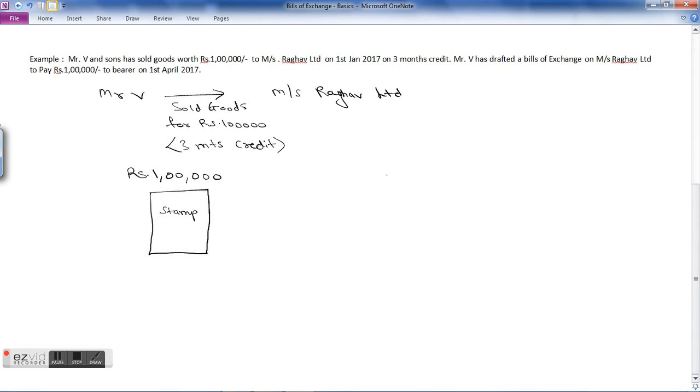Then here you have the place. Let's assume the place as Mumbai, since nothing is given. Then the date. The bill is drawn on 1st Jan 2017.